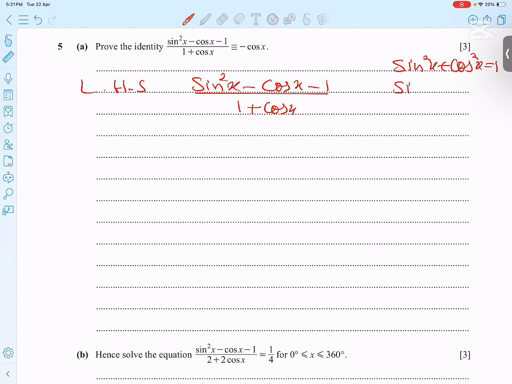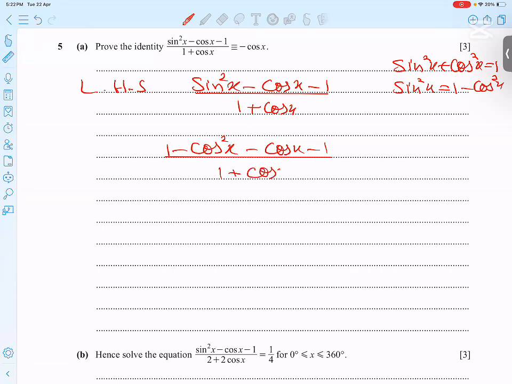And sine square is obviously 1 minus cos square. If I replace it with 1 minus cos square, this is our starting, and here we have an ending point as well, because the rest is not hard. You can see that now you start the right way, the question becomes very easy.